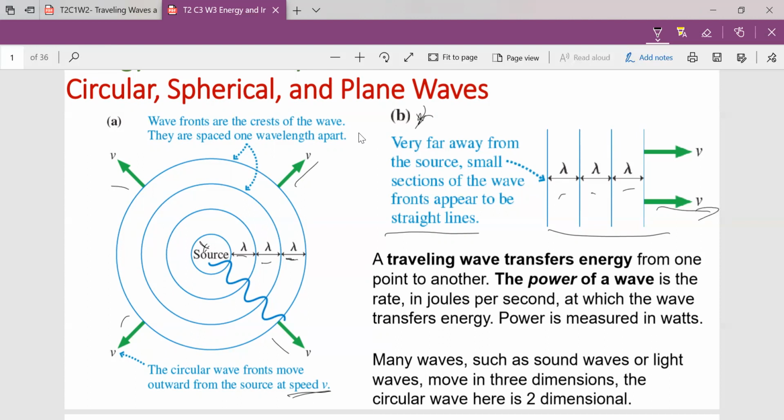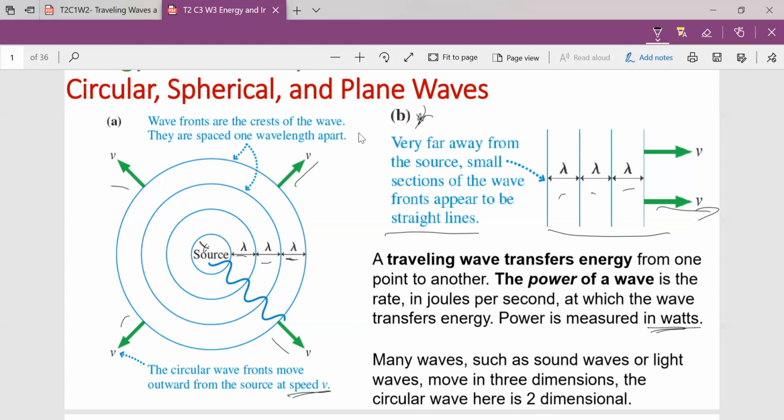So a traveling wave transfers energy from one point to another. I've said that and emphasized that before. The power of the wave is the rate in joules per second at which the wave transfers energy. And we measure power in units called watts.